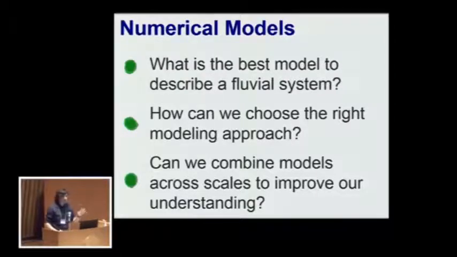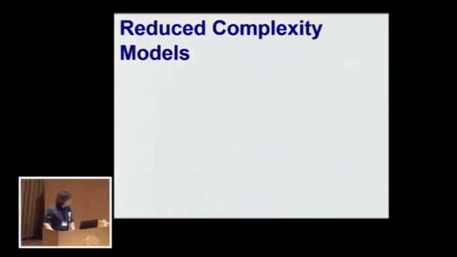What I'm going to do now is go very fast, because I really think that there is a continuous spectrum of models of fluvial systems, but there are some classical approximations that you can identify by name and classify. First of all, what is known as the reduced complexity model is probably the most simplified of models.